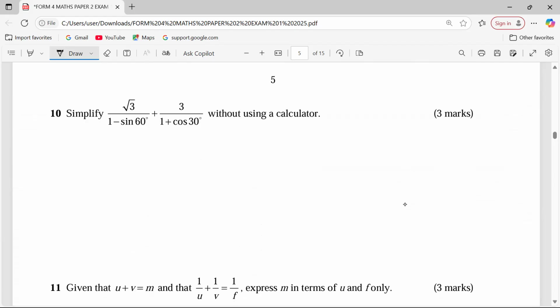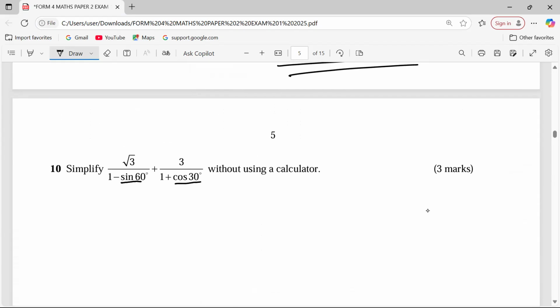According to trigonometry, for two complementary angles, the sine of one equals the cosine of the other. Therefore, the sine of 60 is the same as the cosine of 30. So we shall not struggle at that point.